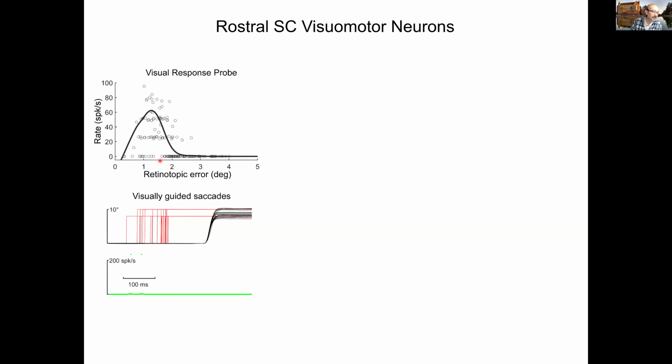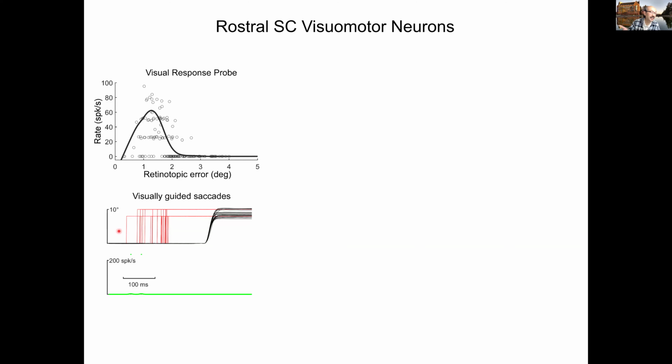So that's what we see here. This neuron responds best at maybe around 1.5 degrees. This is the visual response of the neuron during the probe, and no saccade is produced during this time. And of course, as you expect, there's really no response at all at 4 degrees and beyond. I just didn't plot it.